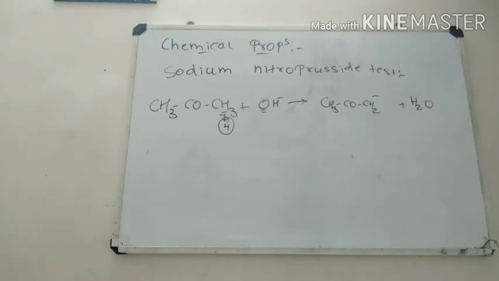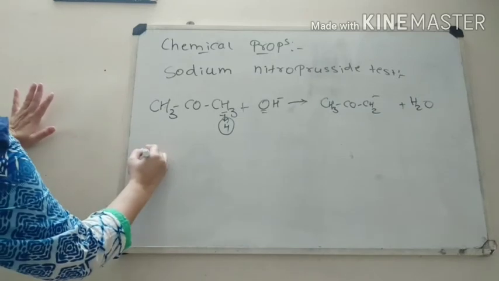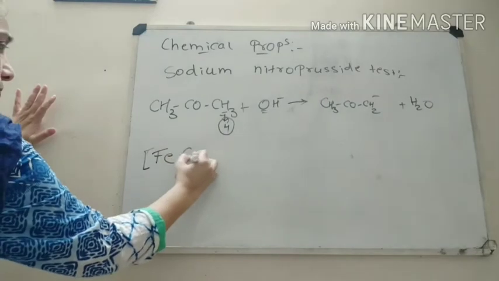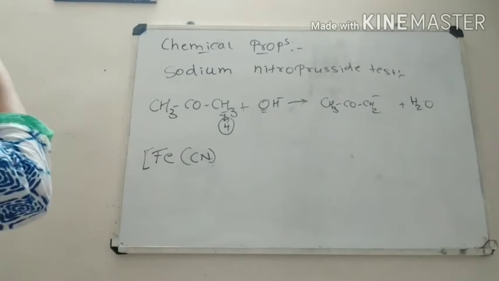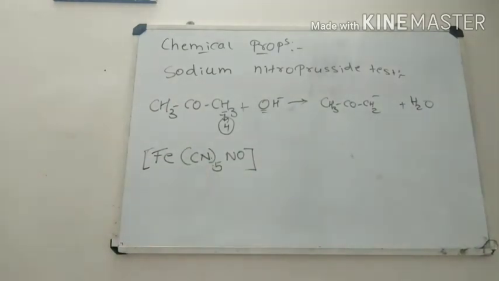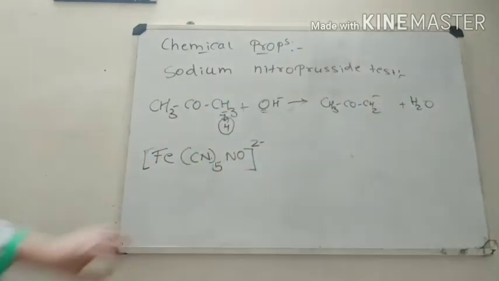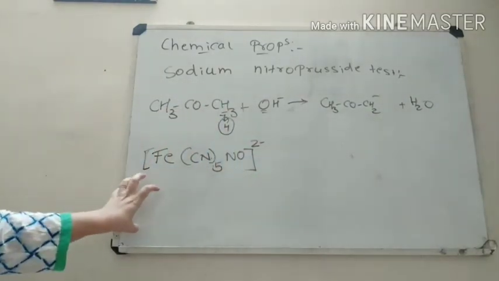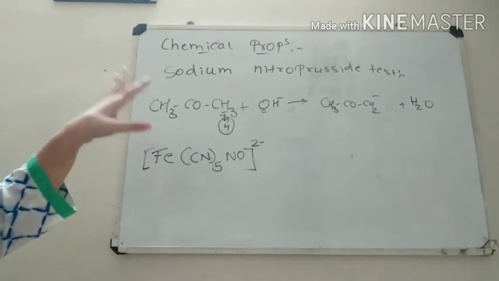In step number 2, the nitroprusside ion. What is the formula of the nitroprusside ion? It is Fe(CN)5NO, with 2 minus charge. This is known as a complex compound; we will do this in the coordination compound chapter.